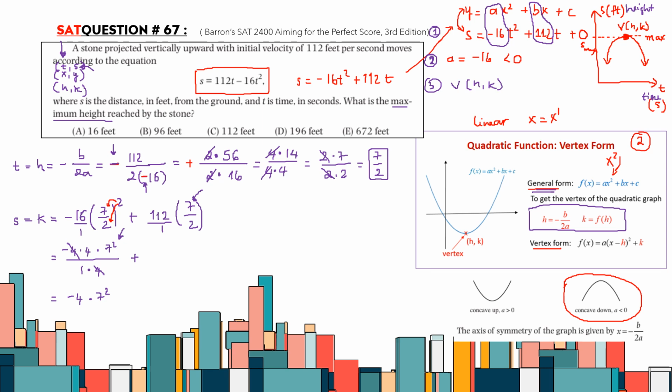multiply it. Now 112 and 2, we break 112 into 2 and 56. We did it above, right? Over 1, then multiply by 7, then multiply by 2, cancel that. We'll add 56 times 7.